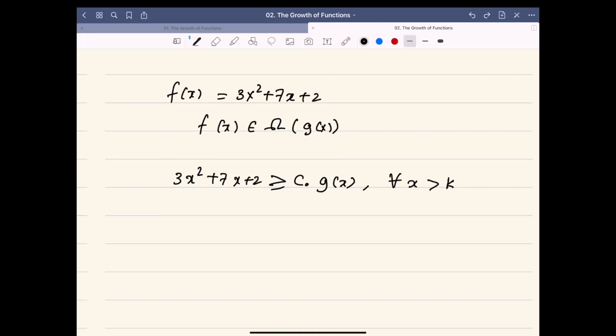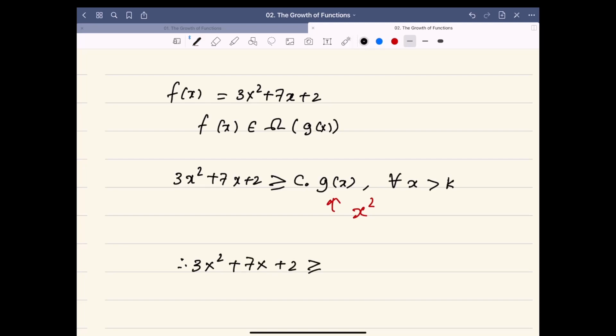So you can put for g of x, as an example, 3x plus 2, you can put x raised to power half, and etc. But the best one that is close to this polynomial is that you choose g of x as the dominant term. So the best answer for this is to choose the value of g of x as x squared.